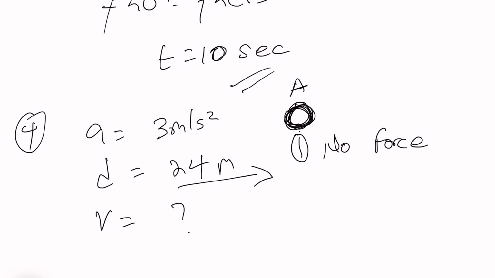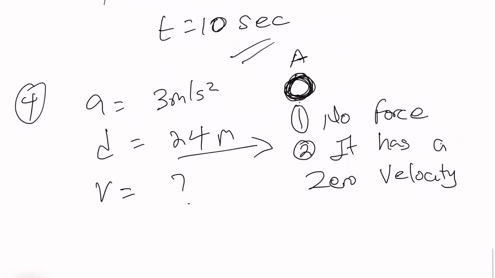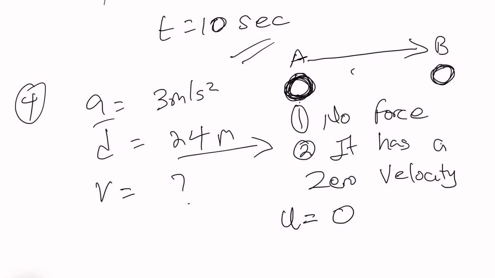It is stagnant. Then it has zero velocity. So because of that, our initial velocity u is 0. Now it starts to move with a uniform acceleration to a point B. Now it covers a distance of 24 meters, right? Now we are asked to calculate the velocity it reaches after covering these 24 meters.